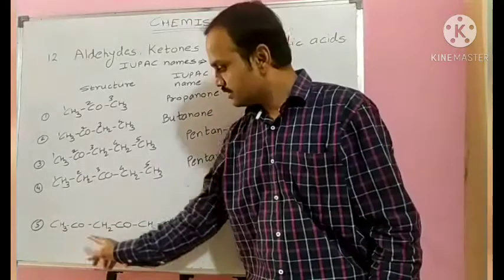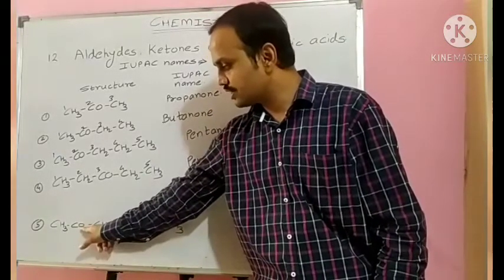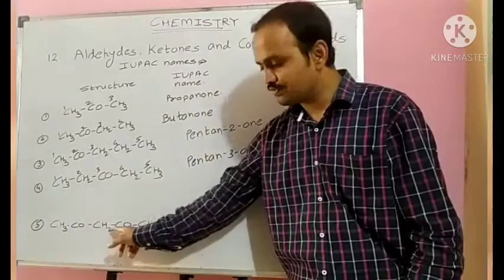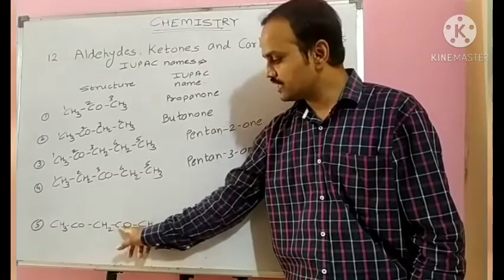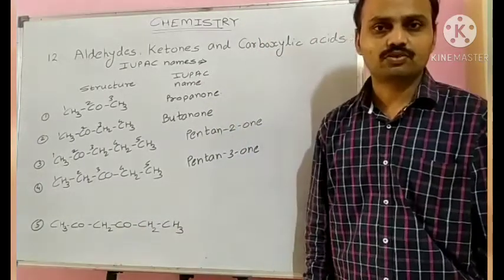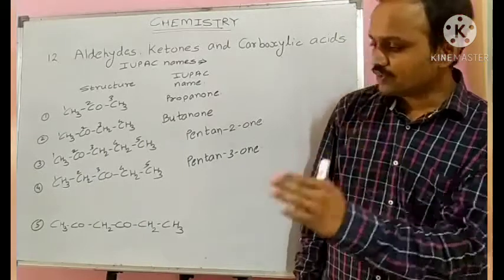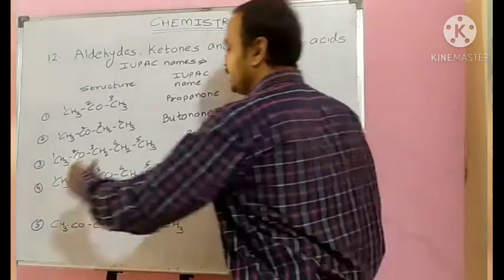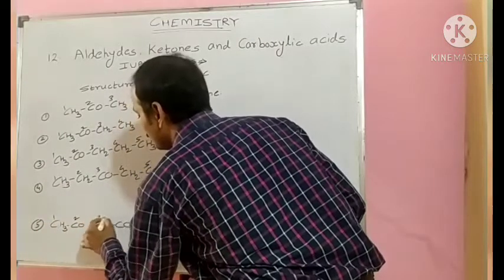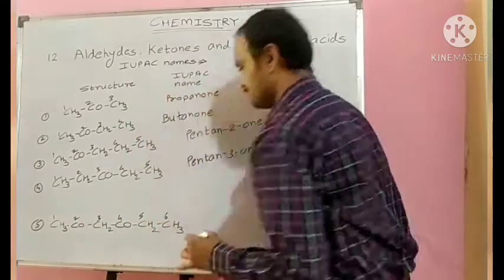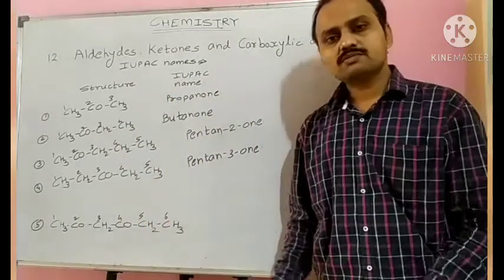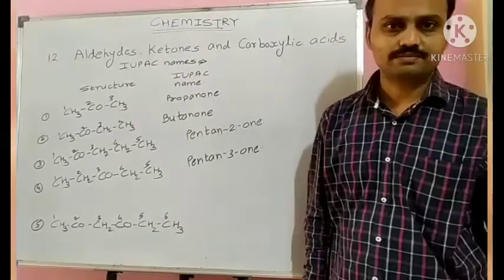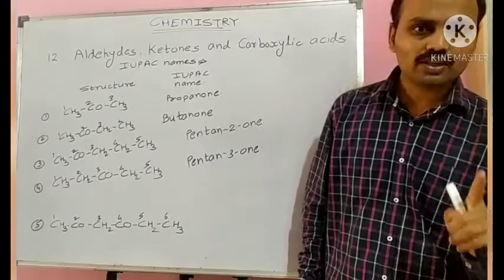From left to right, this C double bond O, that is ketonic carbon, is getting second number, and from right to left, ketonic carbon is getting third number. So numbering from left to right is more correct. 6 carbon atoms are there. Therefore, students, parent hydrocarbon will be hexane.